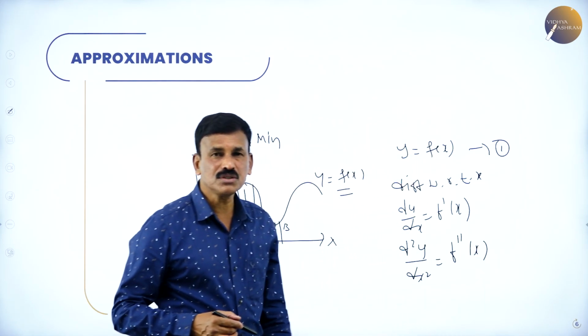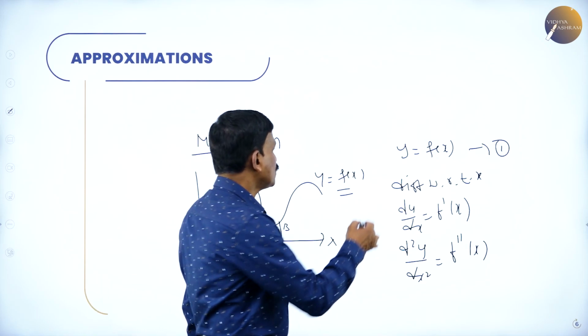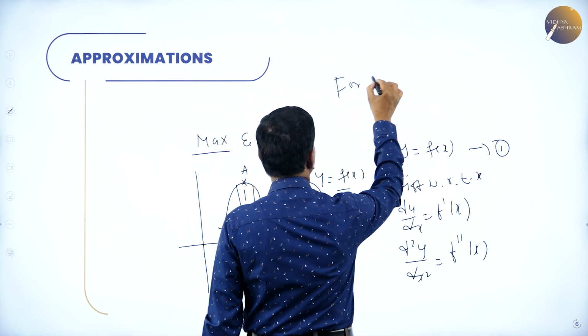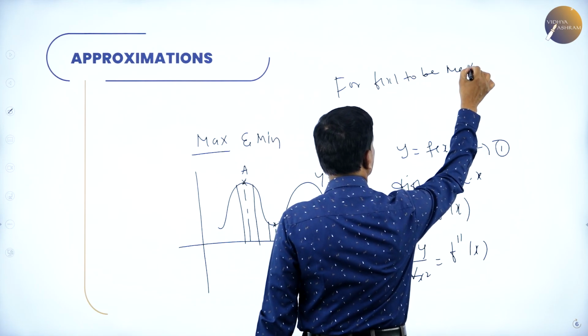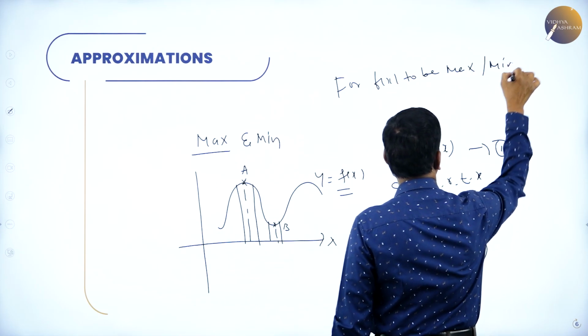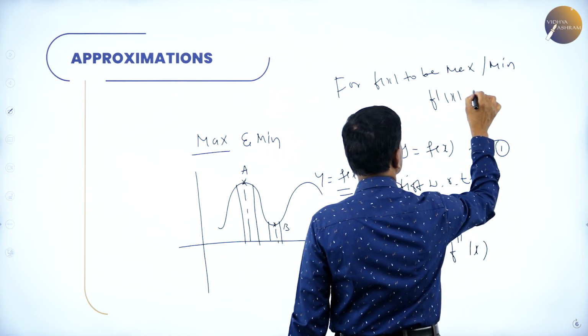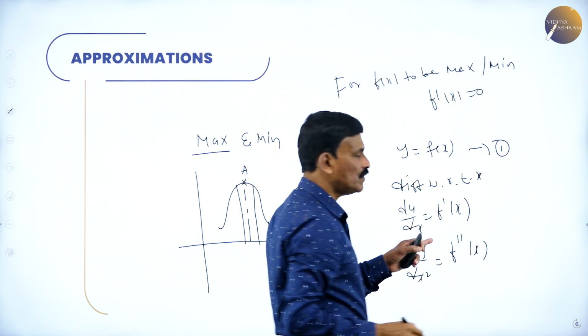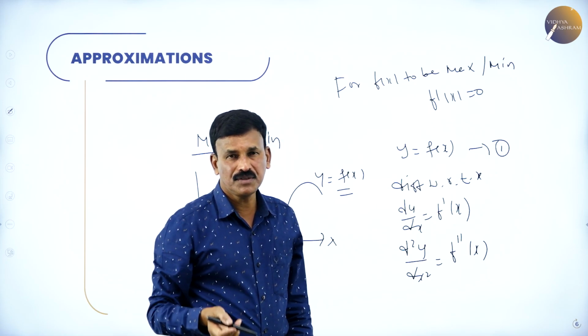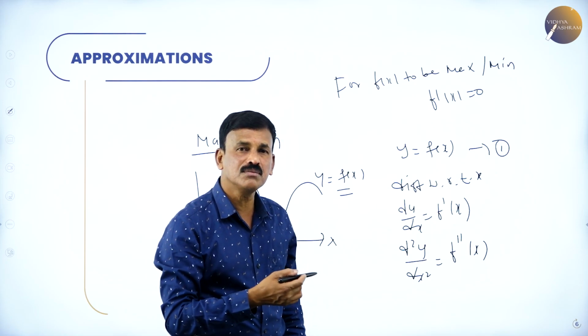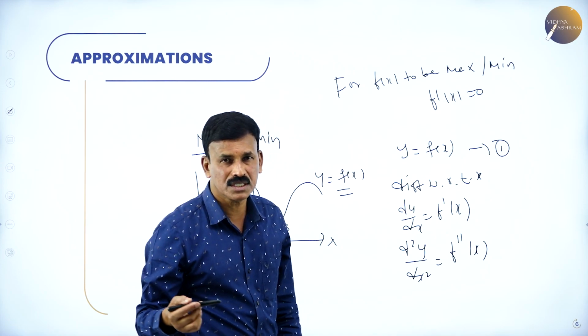So for f of x to be maximum or minimum, f dash of x is equal to 0. So here you may get a linear equation or a quadratic equation.